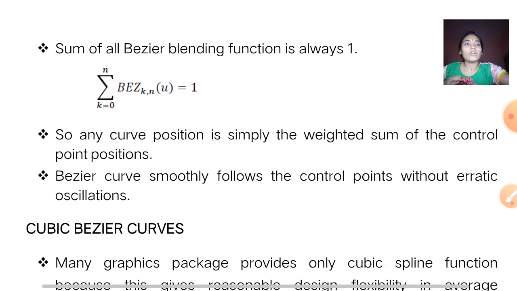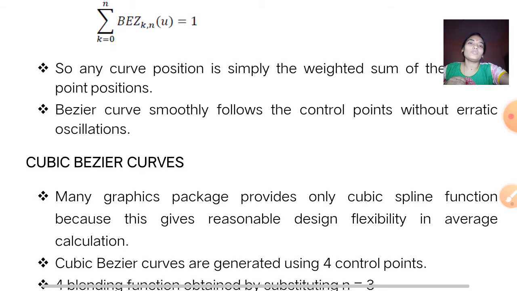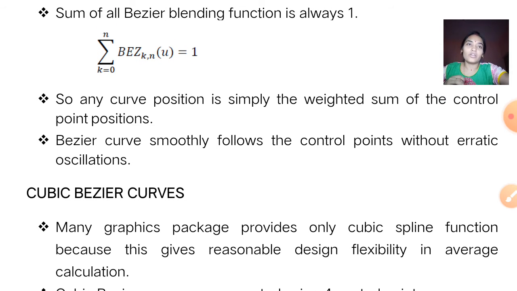So any curve position is simply the weighted sum of the control point positions. The Bezier curve smoothly follows the control points without erratic oscillations. In this way we solve Bezier curves using the recursive function, and also the parametric first order and second order derivatives.